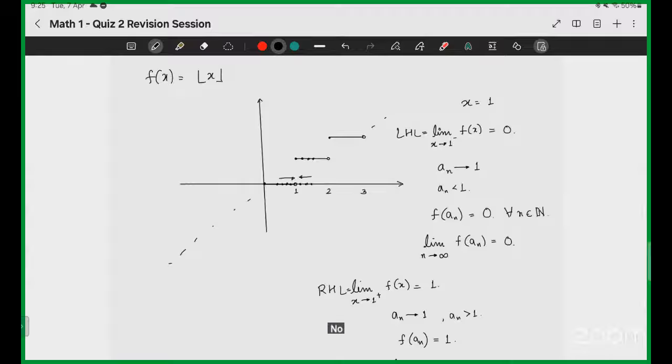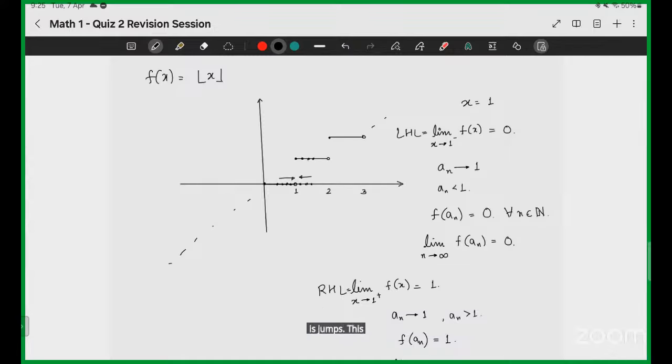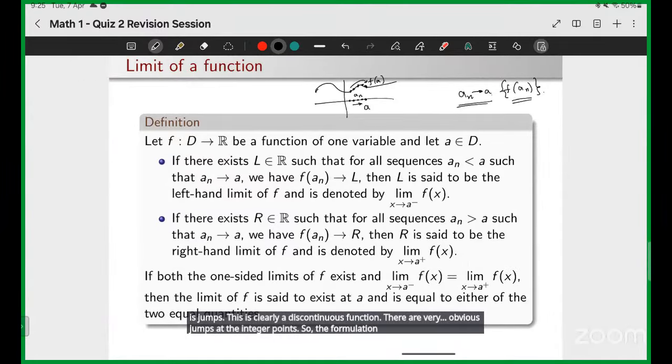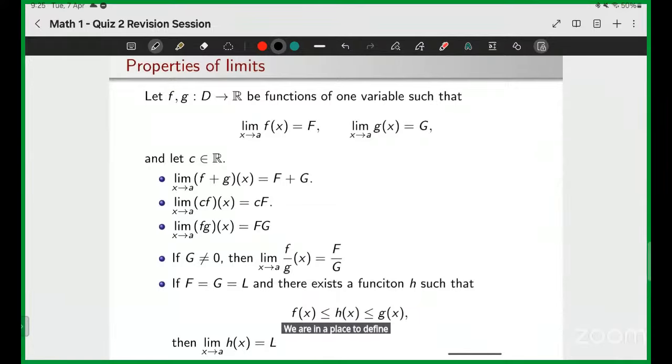Now, of course, if you want to talk about continuity, one thing that you have to avoid is jumps. This is clearly a discontinuous function. There are very obvious jumps at the integer points. So the formulation of continuity comes with the notion of left-hand limit and right-hand limit. We are in a place to define what continuity is.